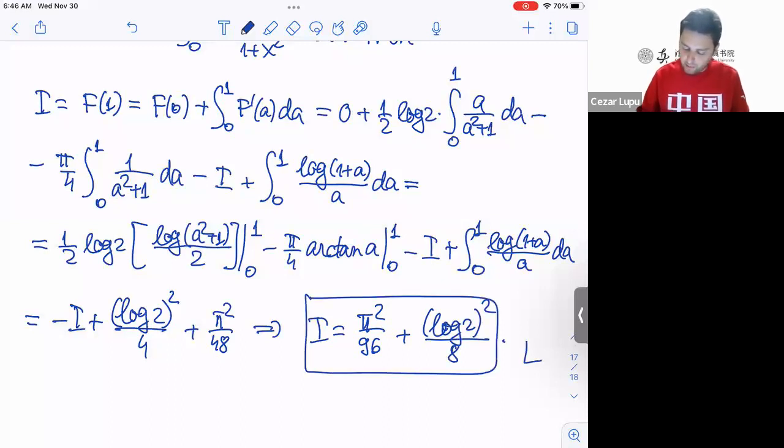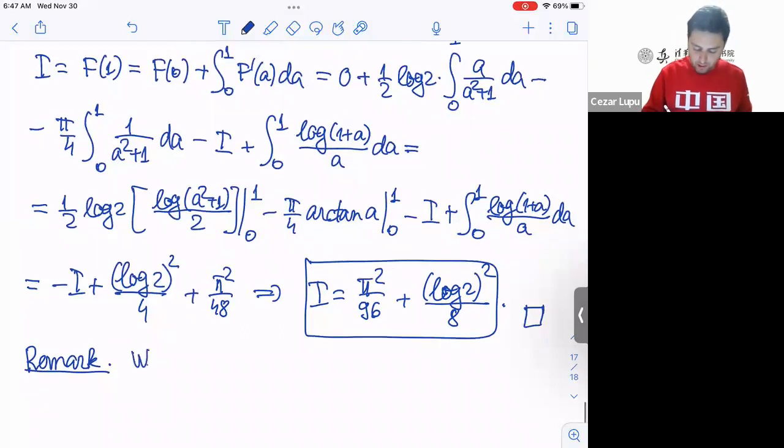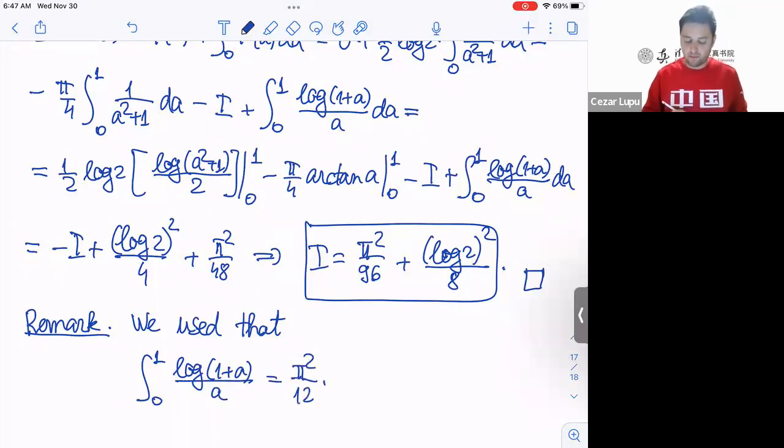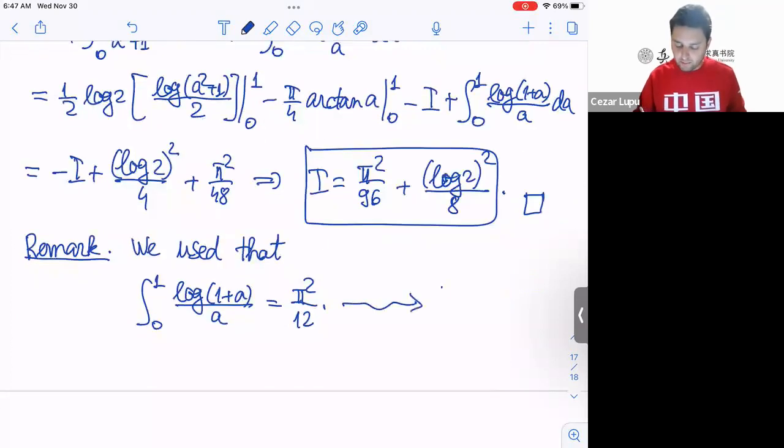All right, here I'm going to point out a remark which goes back to the Basel problem, basically. We used that the integral from 0 to 1 of ln of 1 plus a over a is pi squared over 12. And this goes back to the Basel problem at some point.